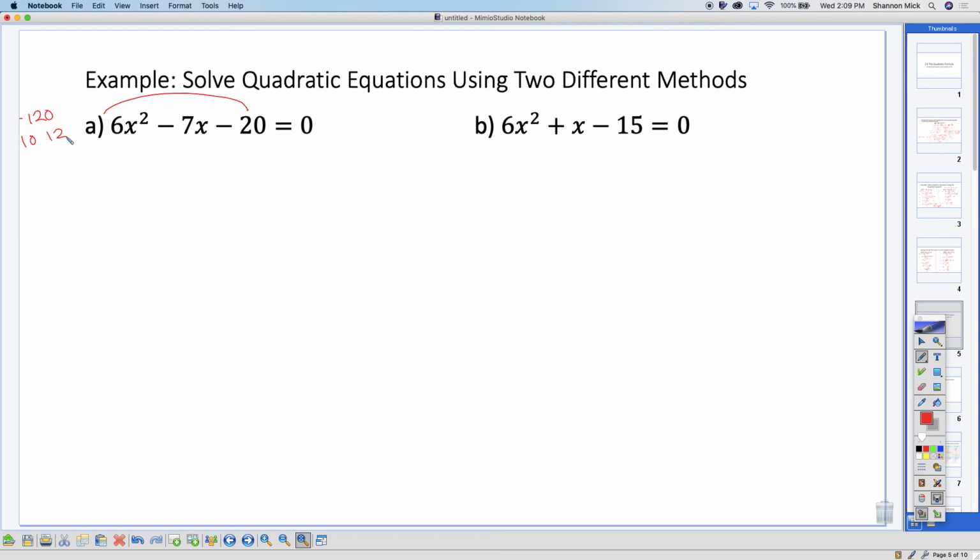Okay, so I can break it down to 2 times 5 times 2 times 2 times 3. I did prime factorization, guys. 2 times 5 is 10, and 12 is 4 times 3, which is 2 times 2 times 3. By doing that, I can rearrange those numbers in any combination I want.